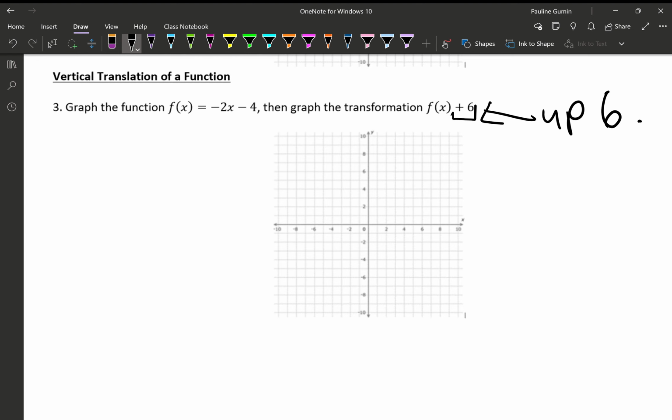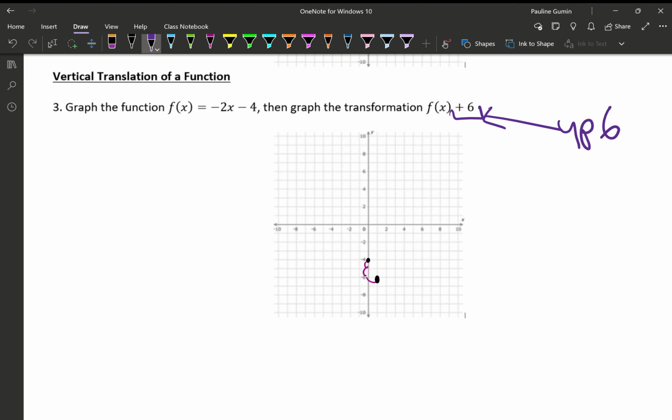All right, first thing we need to do is graph the original function. So, negative 4 is my y-intercept, down 2 to the right 1. Beautiful. Okay. Now, what I want to do is move my graph up 6. Let's color code, because you know me. There we go. Up 6.